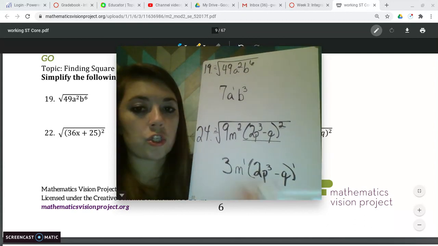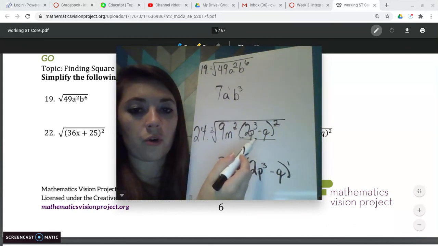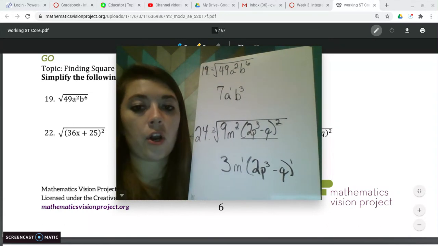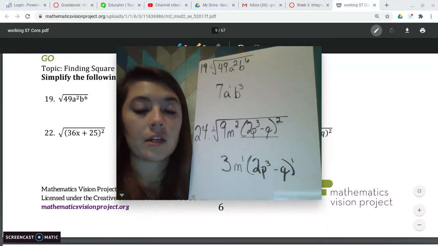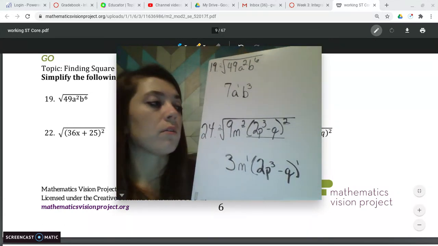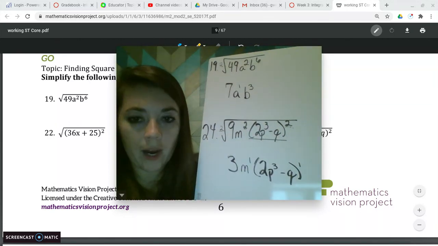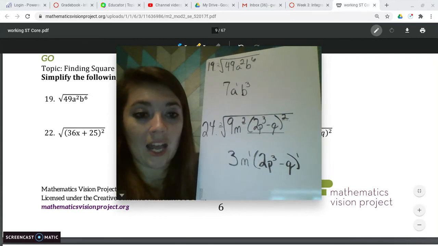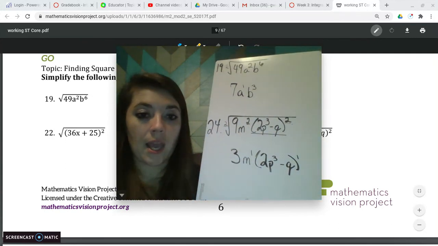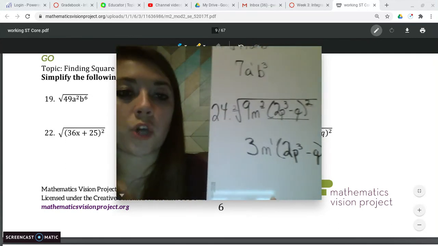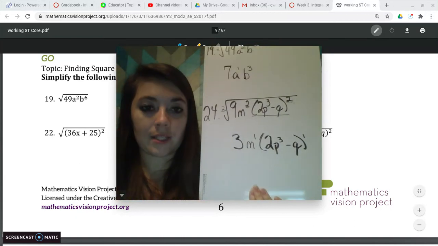That is your answer. Do not try and take the square root of 2, take the square root of p to the third, or q to the first. You're not going to have fun trying to do that. So the square just cancels out, or the square root just cancels out that square, and you're left with what's inside the parentheses. That will always be the case when there's parentheses around values. You don't take the square root of what's inside.